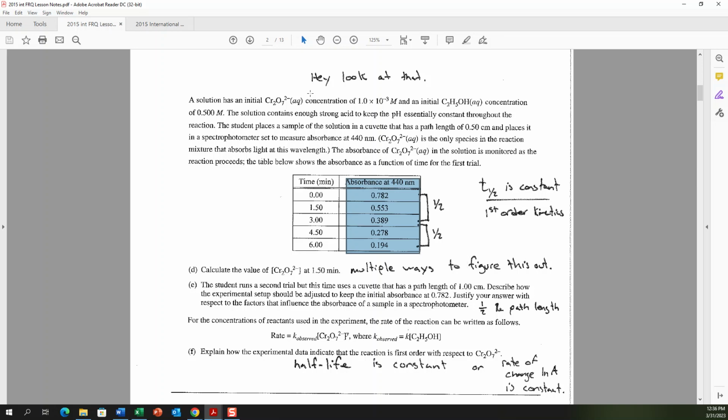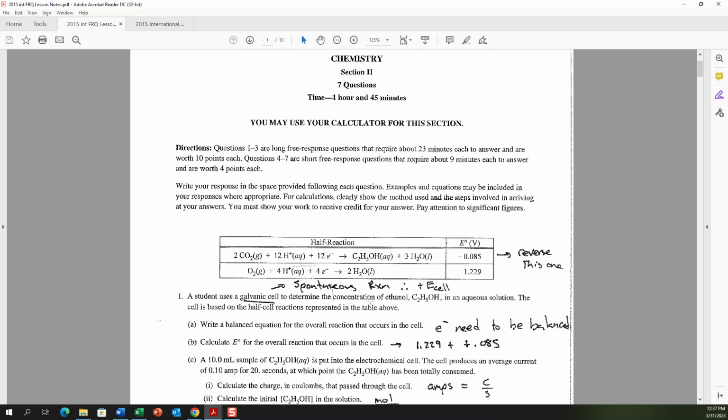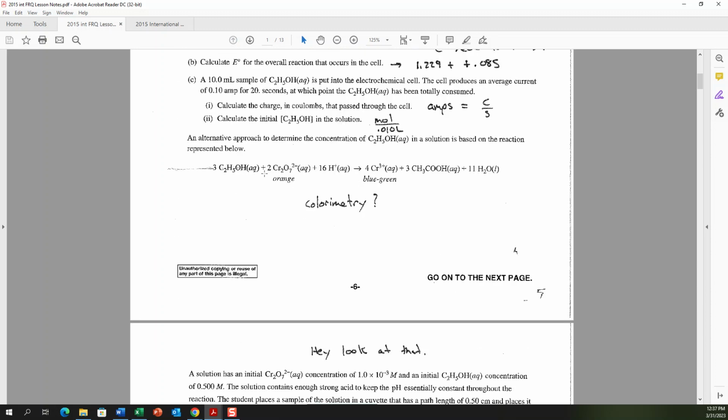Okay, so it gives us this whole explanation. And so it says calculate the concentration of the dichromate ion at 1.5 minutes. Okay, so we were measuring the absorbance of this wavelength, which is being absorbed by the dichromate ions. And notice again, if we go back up to the original reaction, as the reaction proceeds, we're consuming the dichromate ion.